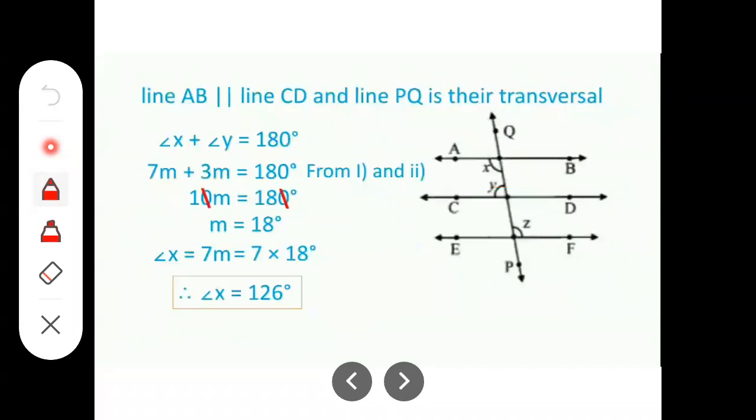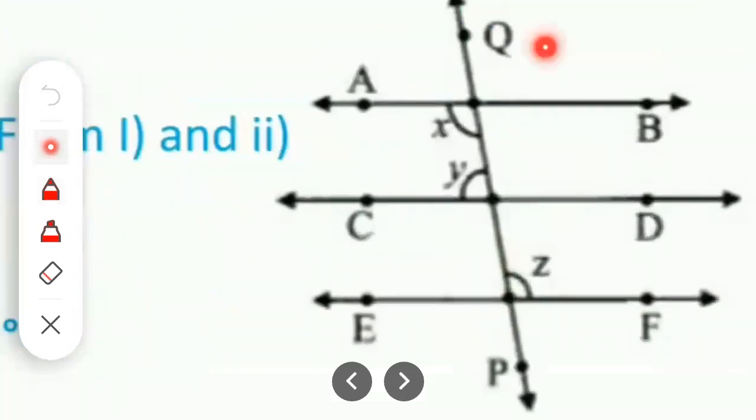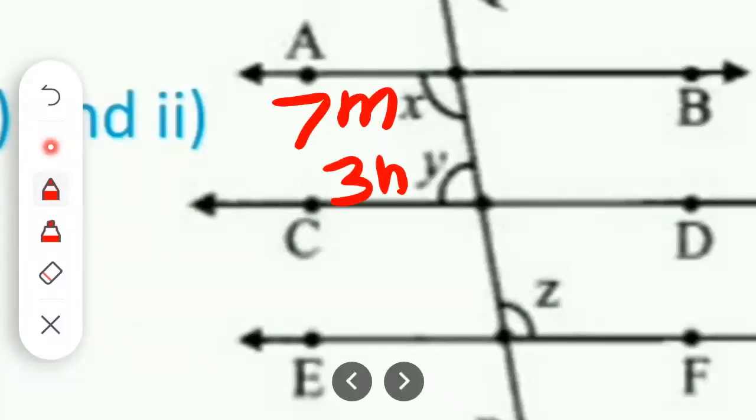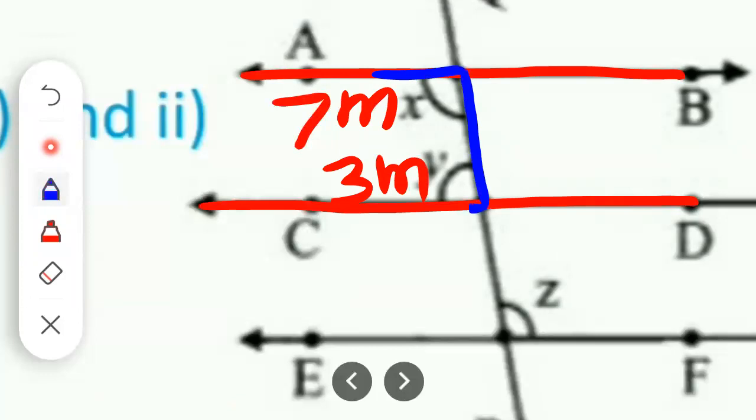Now see here, in the diagram. As X is 7m and we know Y is 3m, and those two lines are also given parallel to each other, the two angles formed here, X and Y, are interior angles.